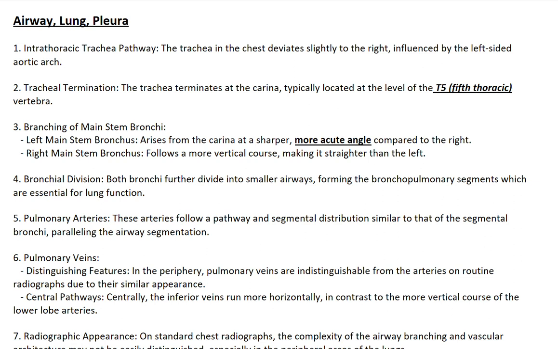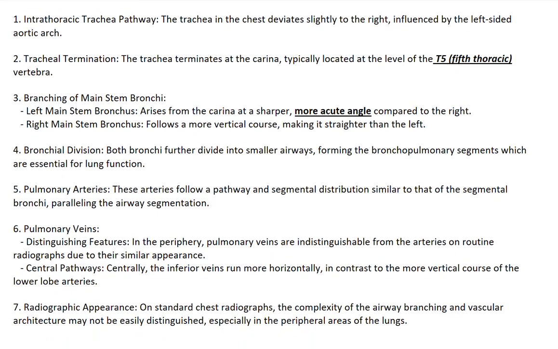Distinguishing features. In the periphery, pulmonary veins are indistinguishable from the arteries on routine radiographs due to their similar appearance. Central pathways. Centrally, the inferior veins run more horizontally, in contrast to the more vertical course of the lower lobe arteries. 7. Radiographic appearance.